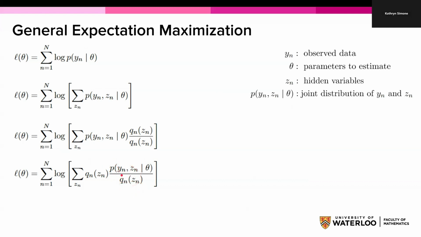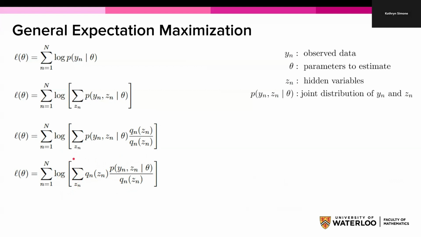So in this form, we've pulled the numerator of q outside to express the rest of the fraction as the ratio of the joint probability to q. This new form is useful because we now see that we have a probability of a random variable z times some quantity, summed over all possible values of z.